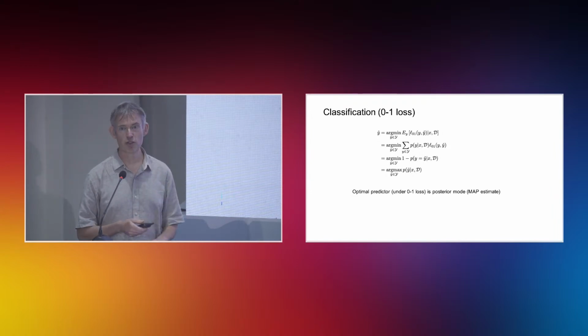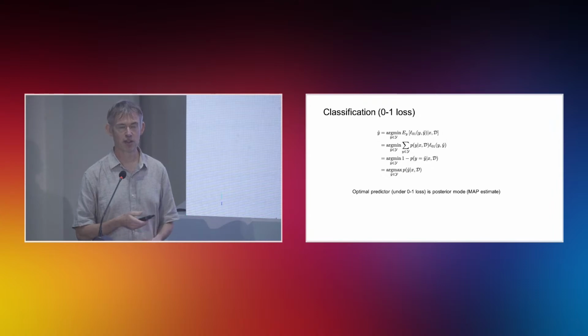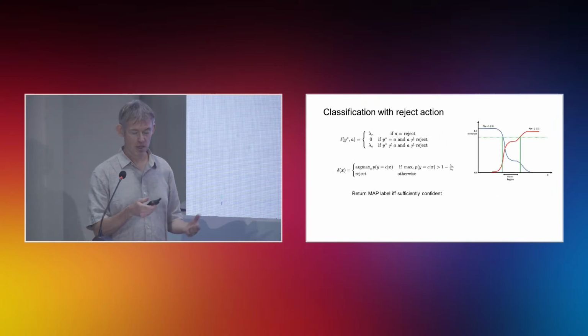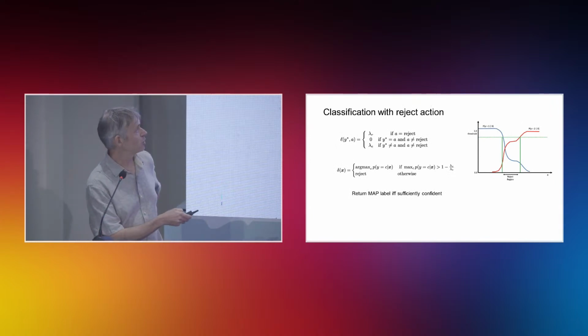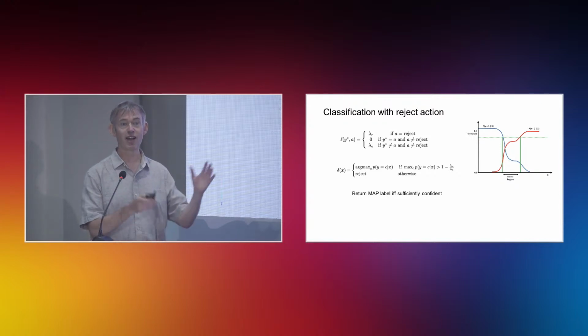But the cool thing is you can go beyond just standard classification and regression, and you can expand your action space. So this is somewhat related to the question the woman in the front was asking. So you might get some data, and you might not know if it's class 0 or class 1. And you can say, instead of always predicting one of the classes, I don't know, I refuse to classify, right?